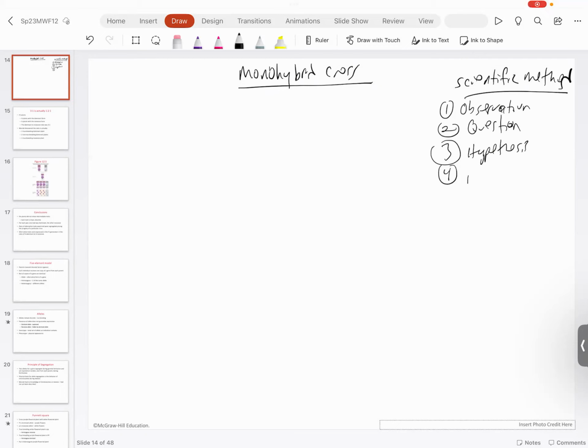From our hypothesis, we generate testable predictions. Those are those if-then statements: if my hypothesis is true, then I expect this to occur. Once you have testable predictions, you do an experiment to test those predictions. And last but not least, from those experiments, you generate a conclusion.